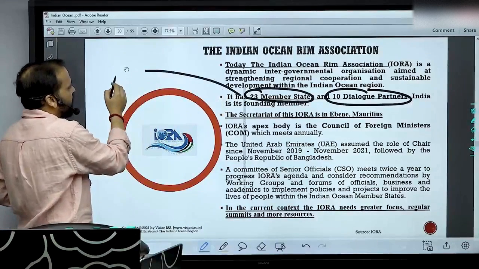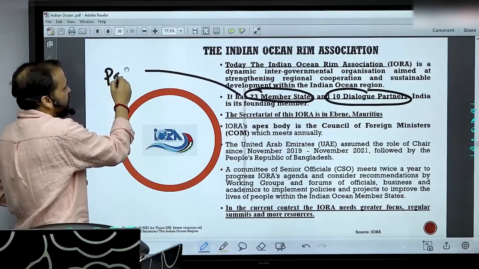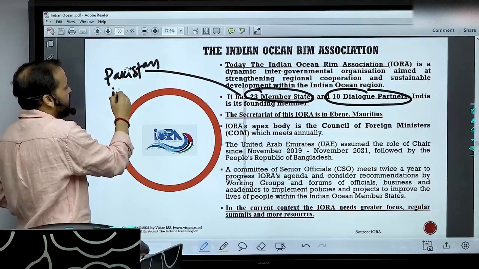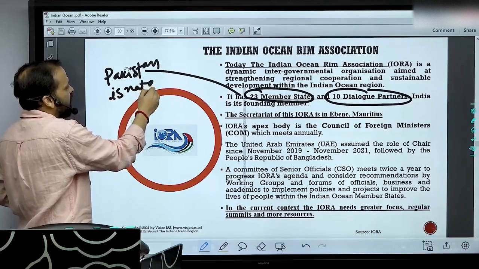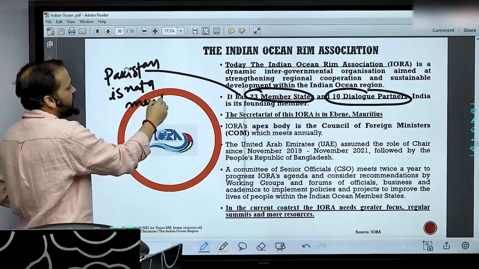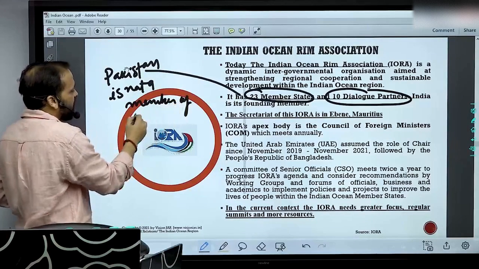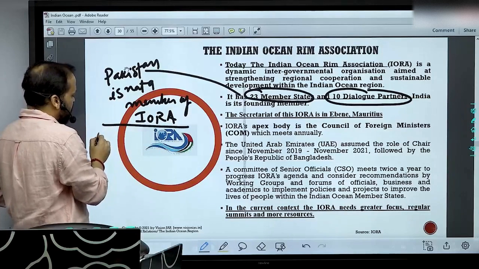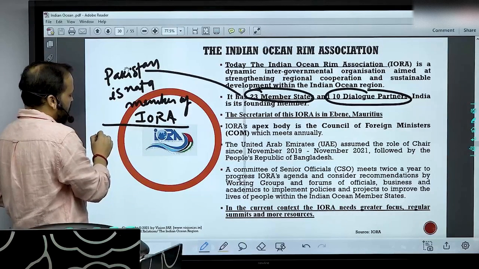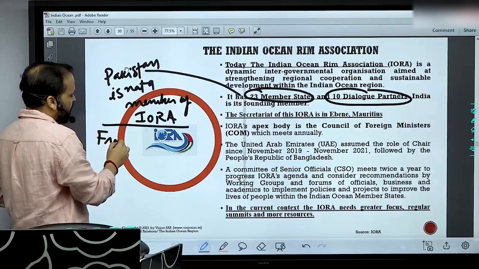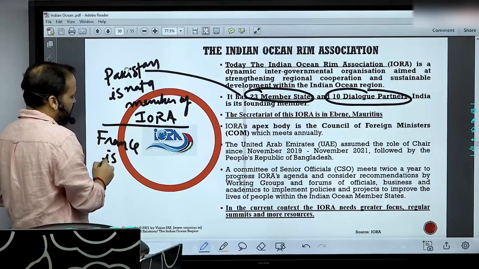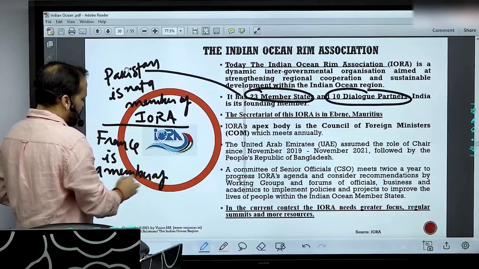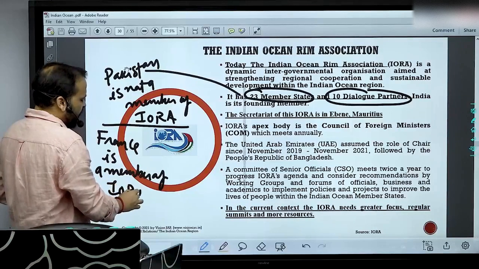So for example, we will remember that Pakistan is not a member of IORA, and we will remember that France is a member of IORA. So again, let me give you a small tip.